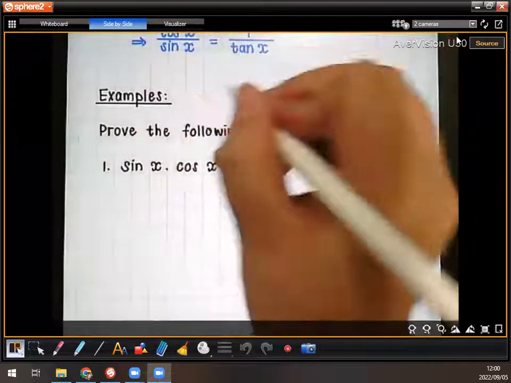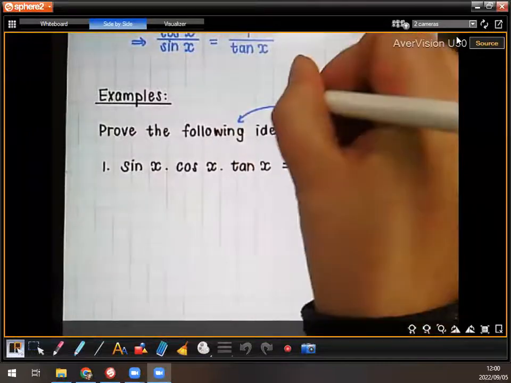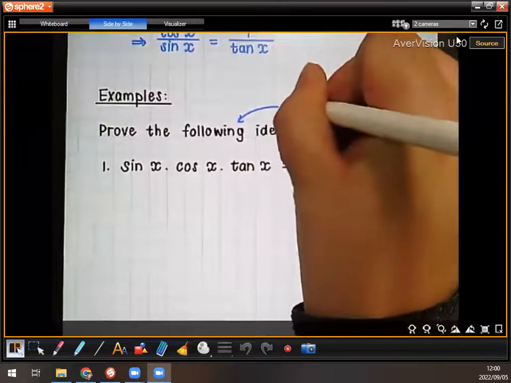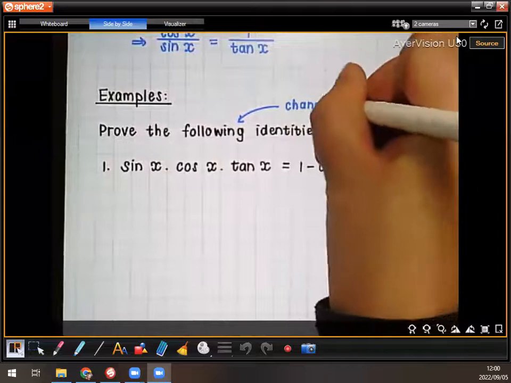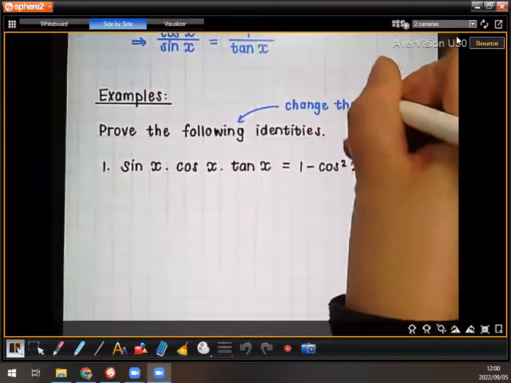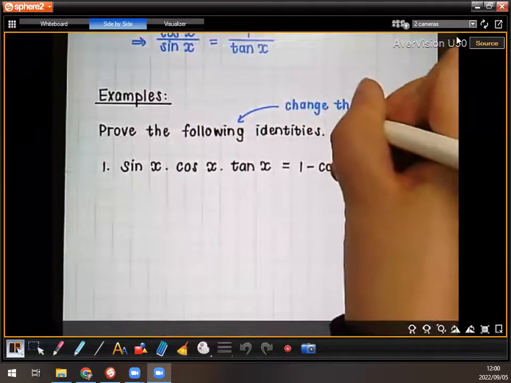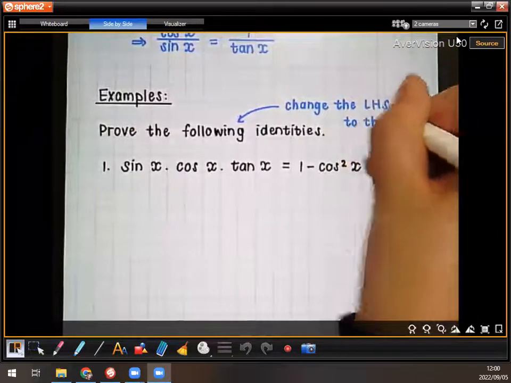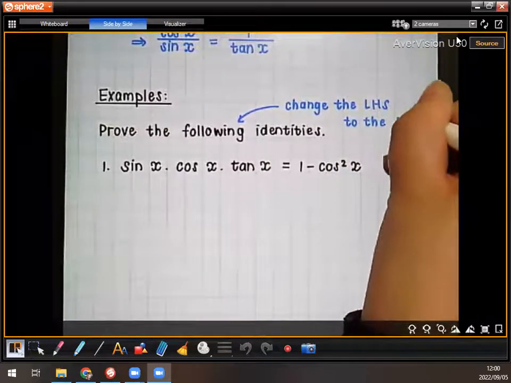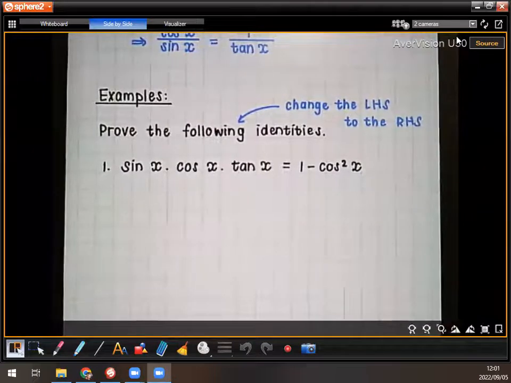So when it says prove, we're going to change the left-hand side to the right-hand side. Because if you can change sin x times cos x times tan x to 1 minus cos squared x, then you have proven that this is true. Then you have actually shown that the left-hand side is equal to the right-hand side.